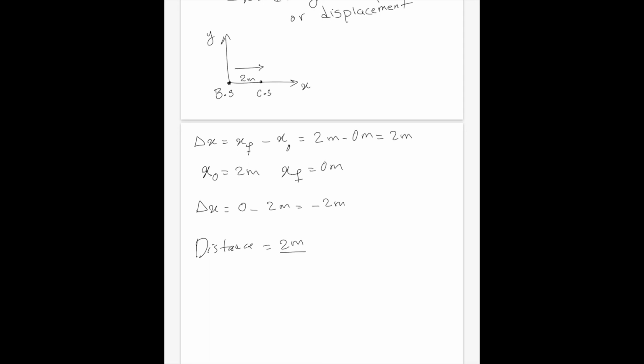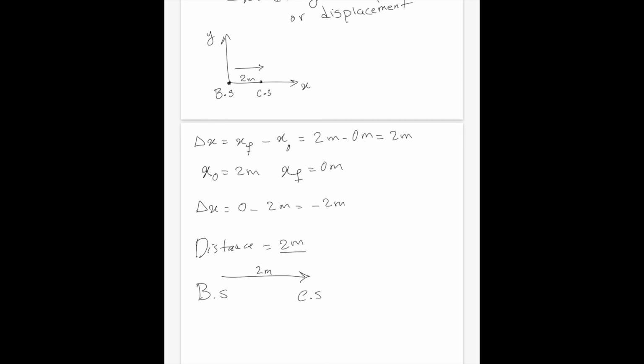So in our example, when we walk from the bus stop to the coffee shop, here the distance is 2 meters. The displacement is 2 meters and the distance traveled is also 2 meters.